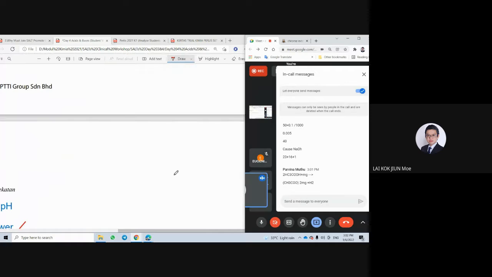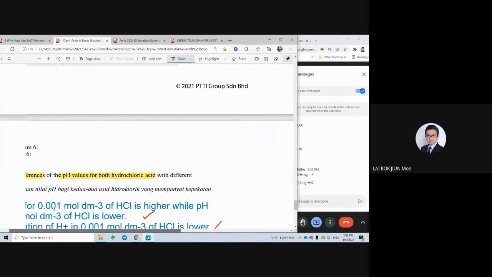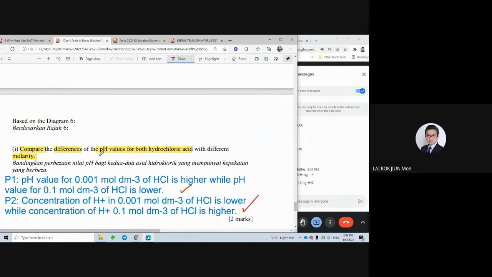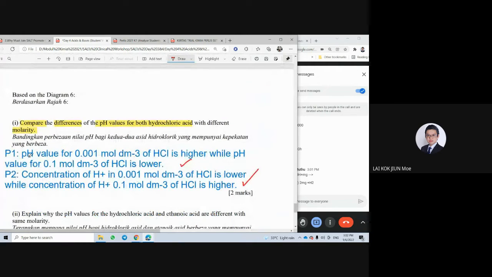And the last part here. Compare the difference of the pH. Okay, compare it. This one I think no problem. You can see the trend. All the questions they try here are almost the same question. Just the numbers may be different, but you can see the technique is all the same.